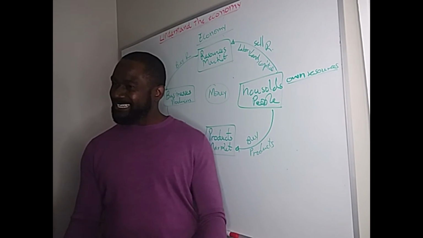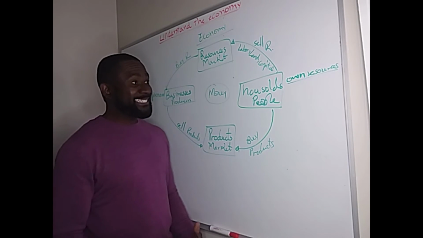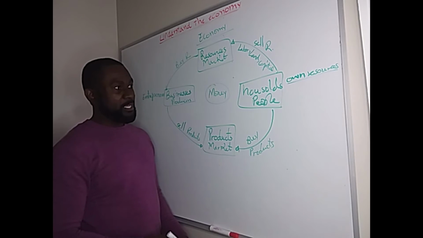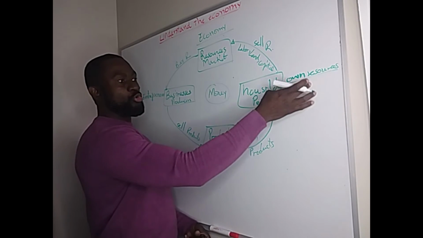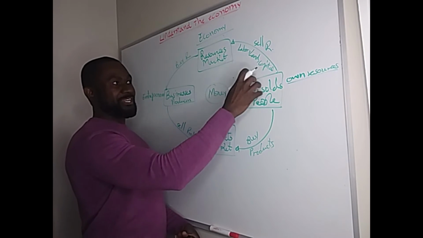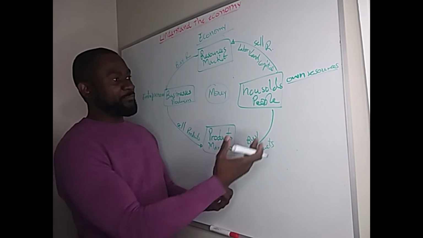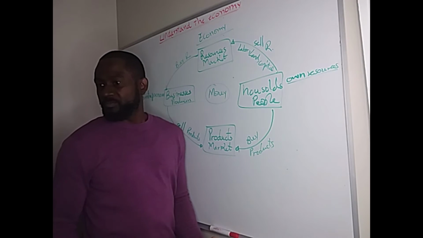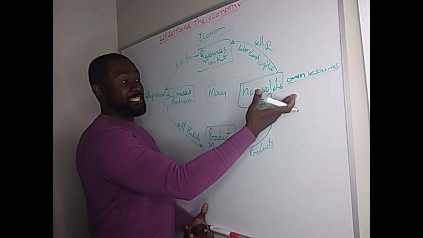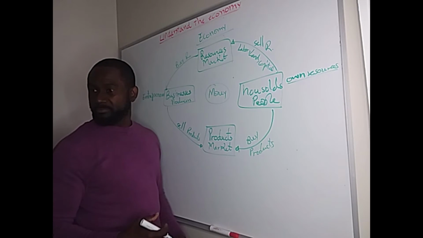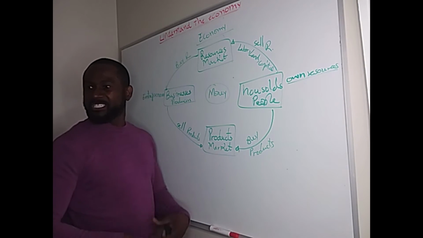When we're talking about the economy, now you can see it in a quick, simple example. People own resources: land, capital, labor. They have to sell them, because if you sit at home and don't do anything, you won't eat. So you sell your resources, your labor, your land, your natural resources.